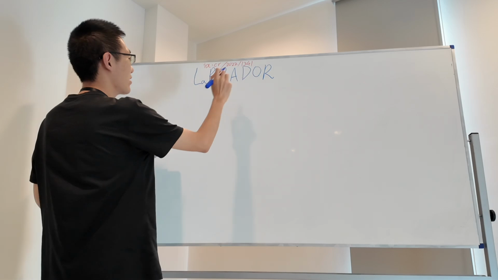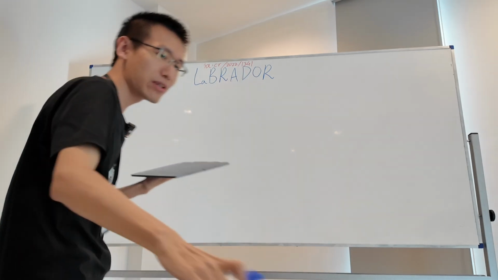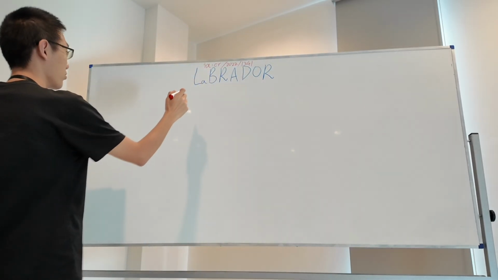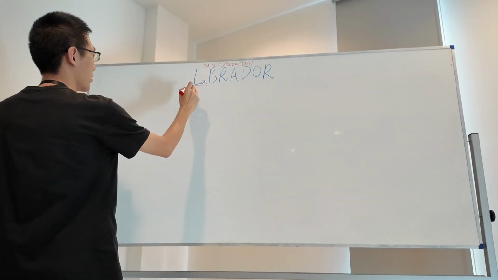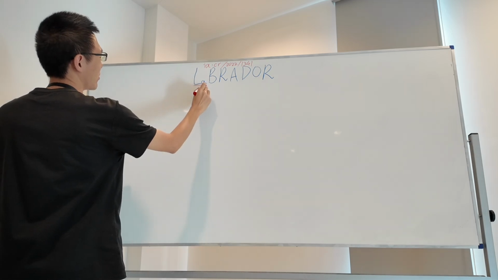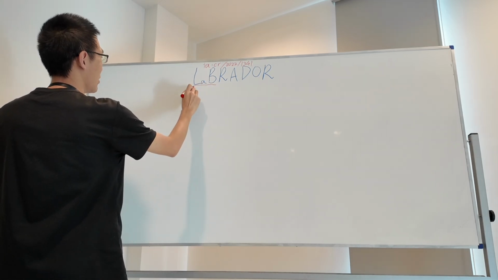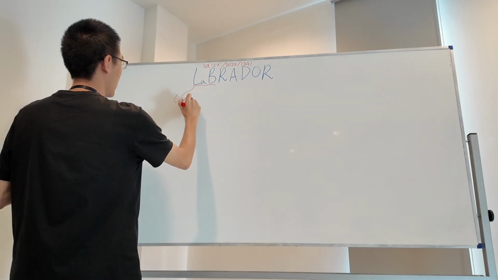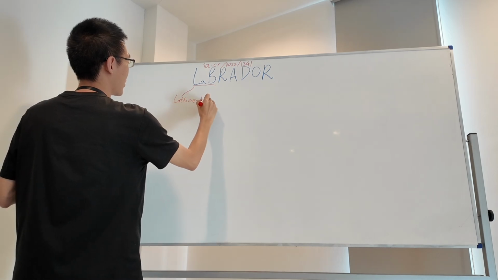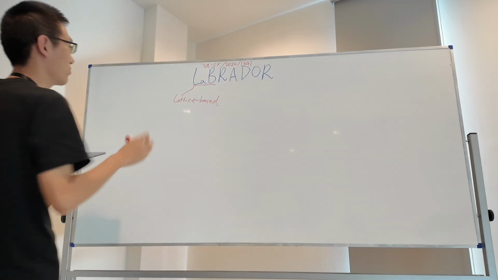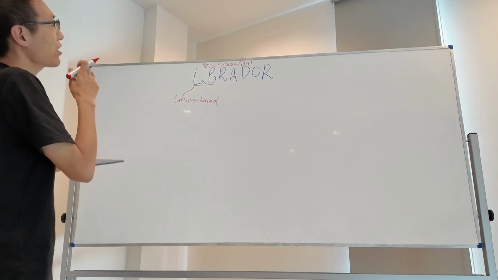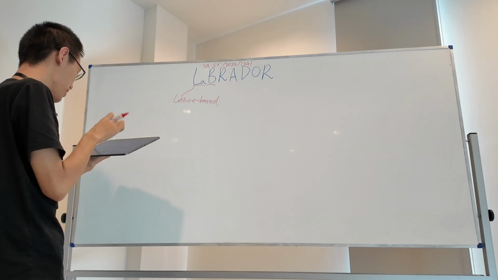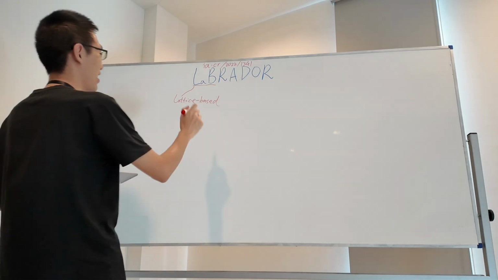So, what does this Labrador mean? I think we can divide it into some parts. The first part is lattice-based. What does it mean? Actually, it's not too important about lattice.